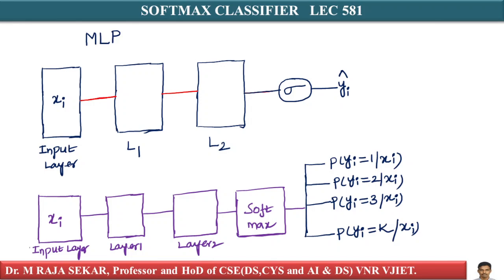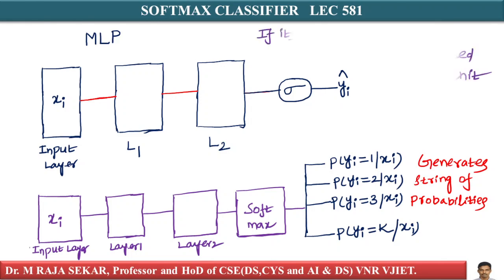We generate a vector of probabilities. How many probabilities is it generating? It is generating k probabilities. Therefore, it is generating a vector of size k.